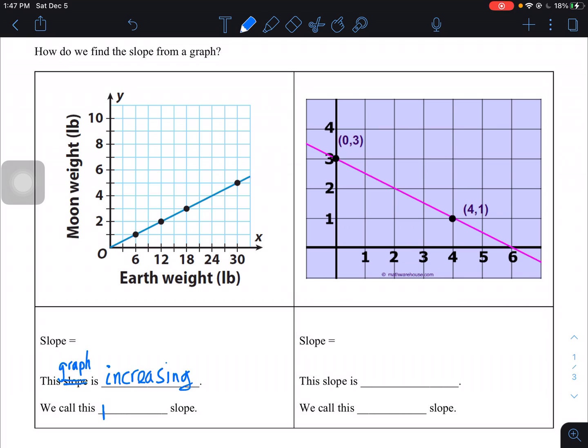So we call this positive slope. Over here, we have a graph that is decreasing, and we call this negative slope.